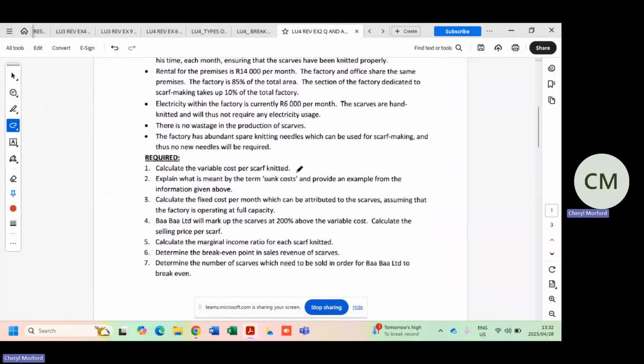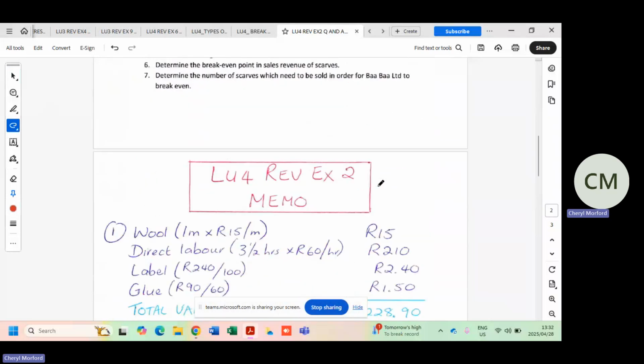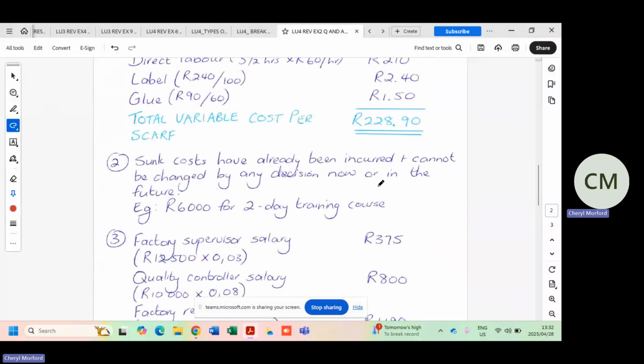I'm asking you to explain the meaning of a sunk cost and to give an example from the information that we've got above. So just to recap, a sunk cost has already been incurred, and nothing that we do now or at a later date can change this.